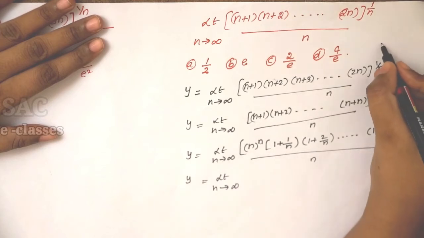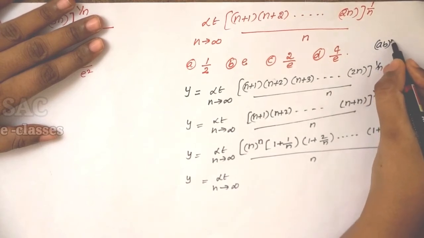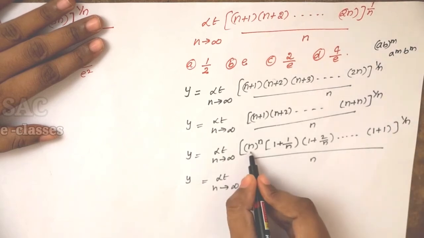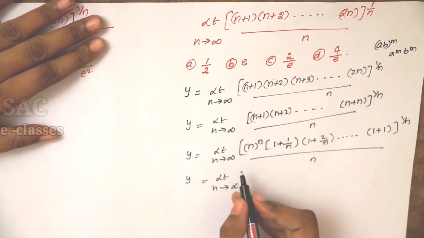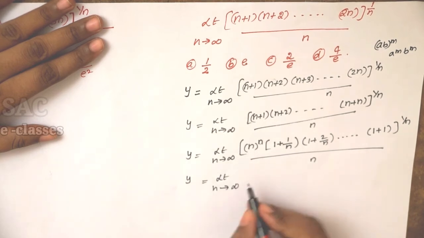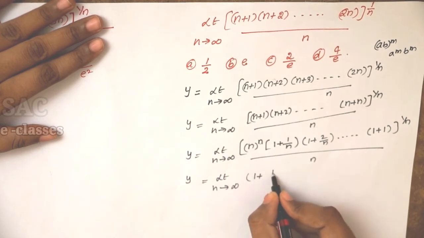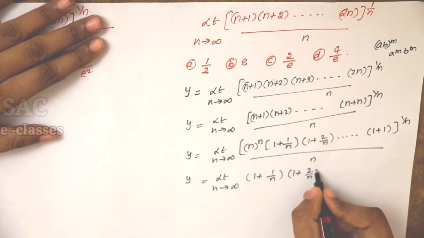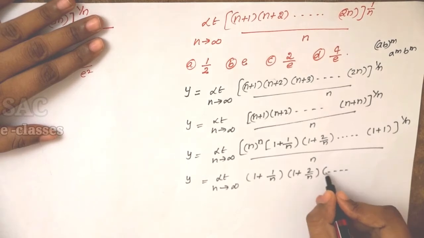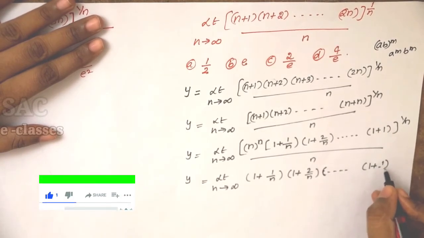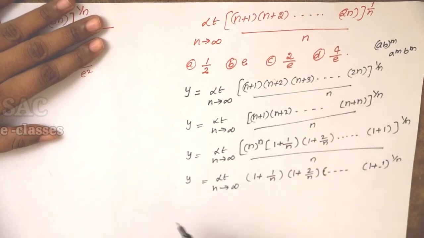We know that ab whole power m can be written as a power m into b power m. In the same way, n power n whole power 1 by n can be written as n, and this n gets cancelled. What is left over is 1 plus 1 by n into 1 plus 2 by n into and so on, 1 plus 1 is left over, whole power 1 by n.